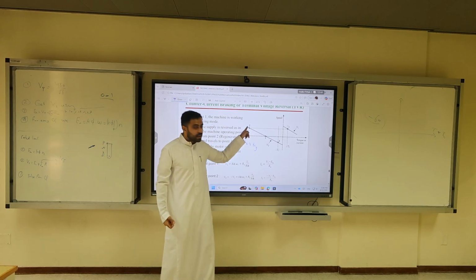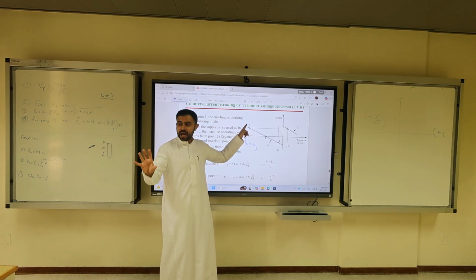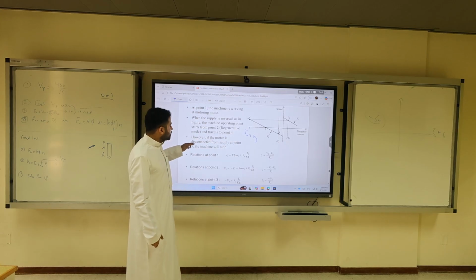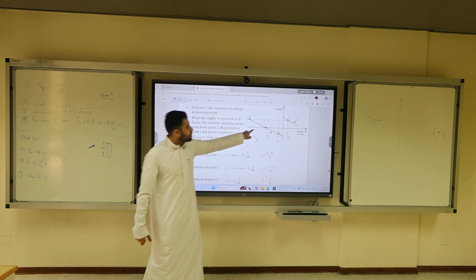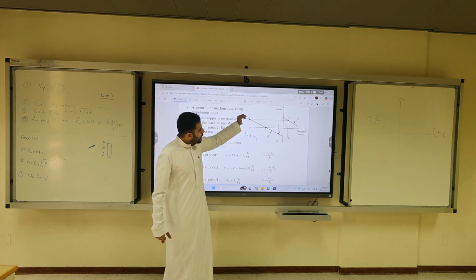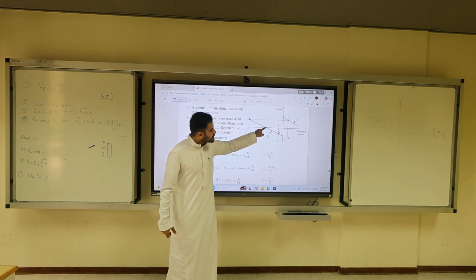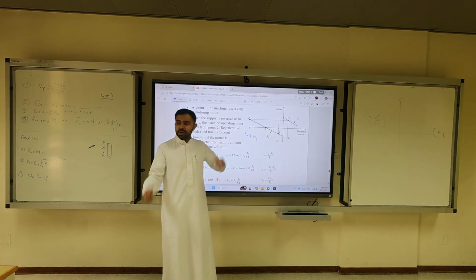But the speed will be the same because the speed needs time. The motor is disconnected from the supply at point number 3. What will happen is we will go all the way until we reach a speed that is 0. If the speed is 0, what does that mean? It means it's effectively short-circuited.